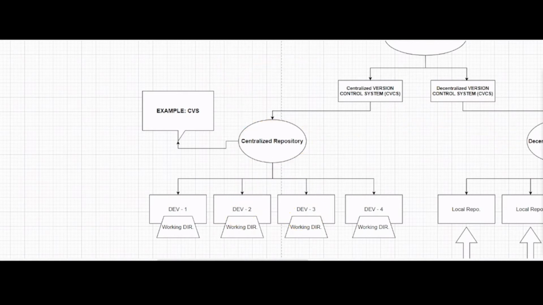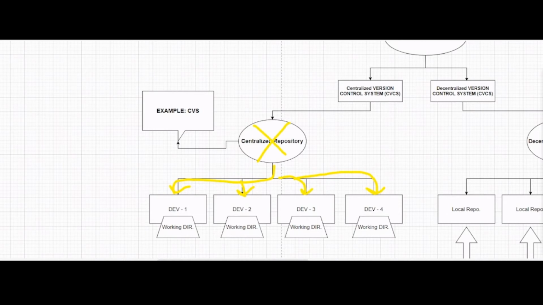The second drawback was that if by any chance the central repository gets damaged or corrupted, or the source code is not working in the central repository, they don't have any local repository with them.